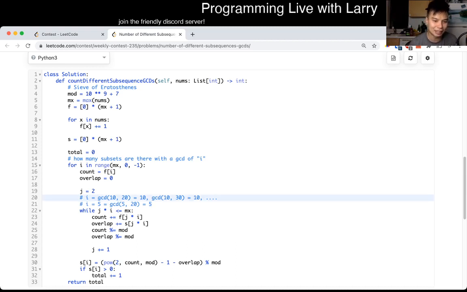Actually, GCD of 5 and 10 is 5, but we also want to subtract the ones that are in 20, because then they overlap in that way, and we already counted them and we don't want to double count.